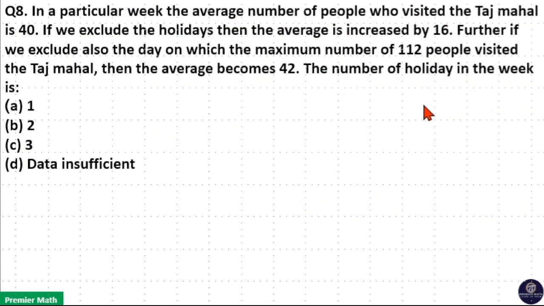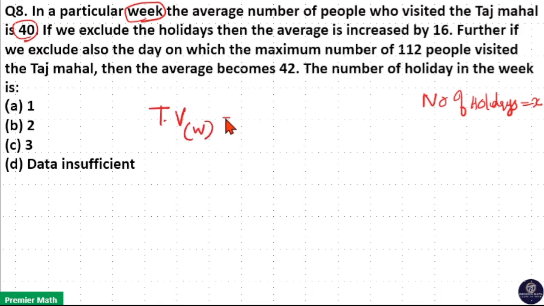You can also do this question in a different way. That is, here number of holidays is x. Then in a week, total number of people who visited the Taj Mahal: total visitors in a week is equal to average into total number of days, which is equal to 280.